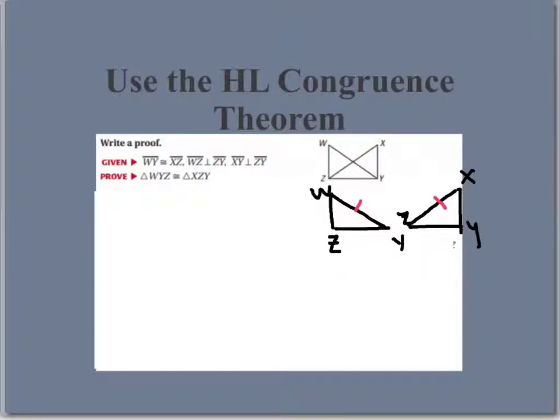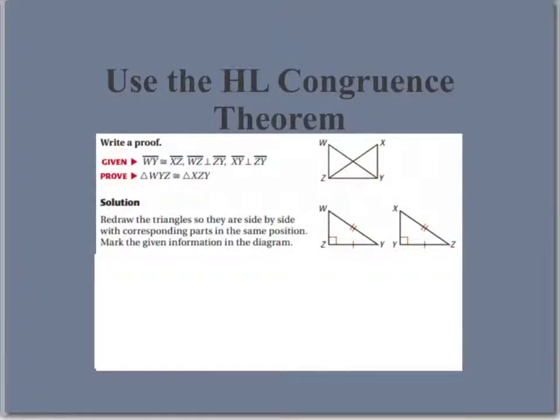WZ is perpendicular to ZY. Okay? And XY is perpendicular to ZY. So if you're trying to mark those up on this picture, it would be a little difficult because how do you mark WY and XZ? That looks like only a little part of that is marked up. So sometimes it's easy if you just separate the two triangles.